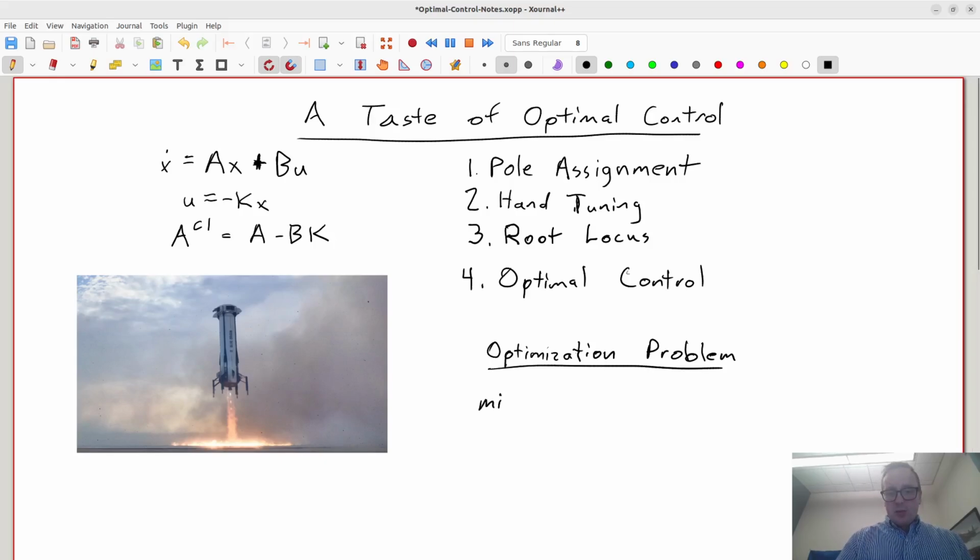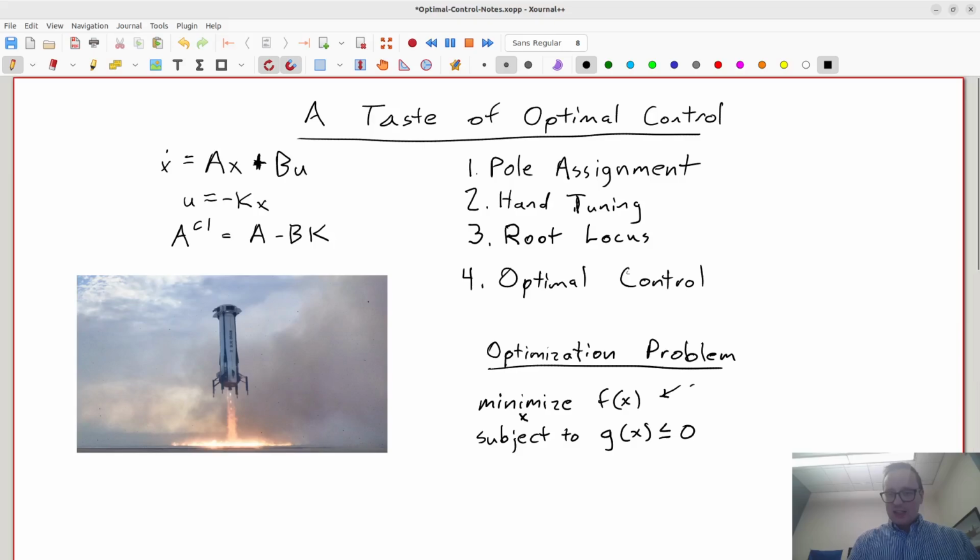So the form that we use to write this, the standard form of an optimization problem, is minimize some objective function, f of x, subject to some constraints, g of x is less than or equal to 0. And then we have some variables that we get to change to change the value of the objective function.